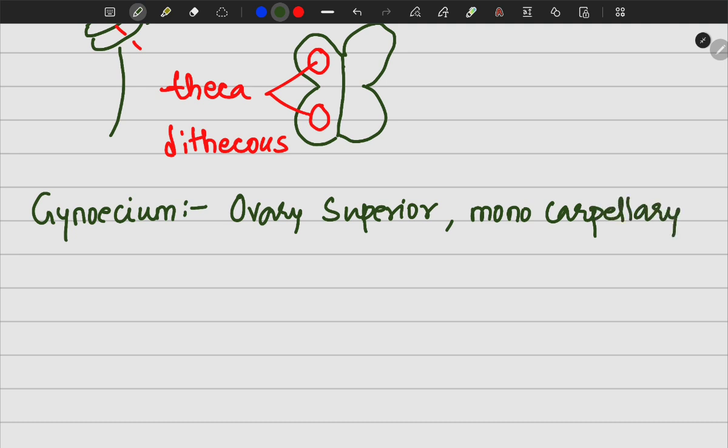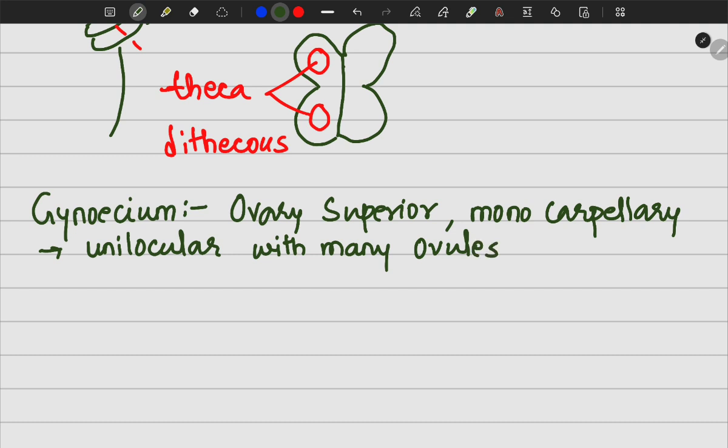Ovary is superior. Unilocular. That means only one chamber will be present with many ovules. That means this single unilocular ovary will have many ovules, so it will produce many seeds, right?